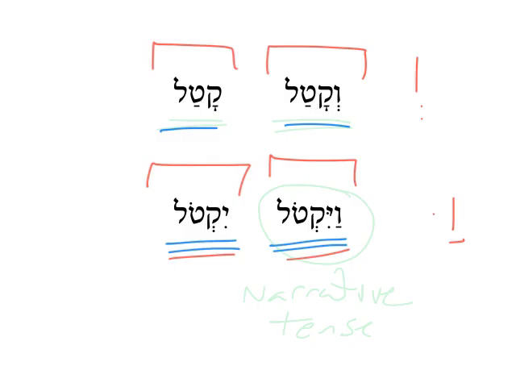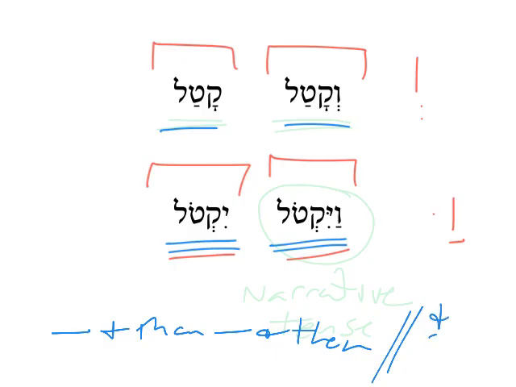And so we kind of move along in the story, and we have and then, and then, and so on. So these vav consecutives are kind of consecutive in the sense that typically the next connecting vav consecutive verb is and then, or consequential if it's not temporally consecutive, and it would be and so.